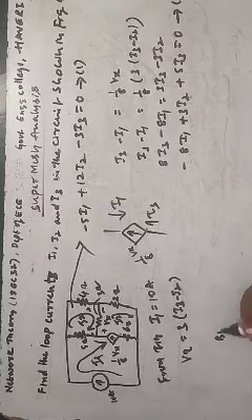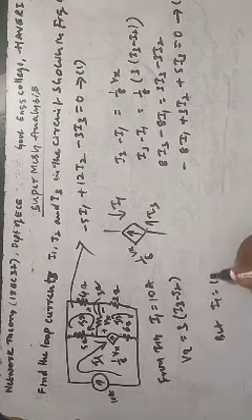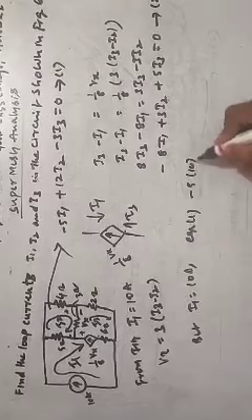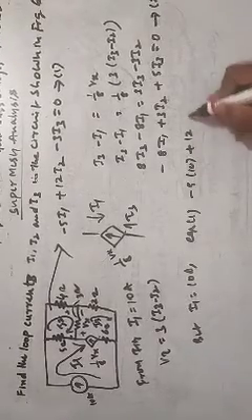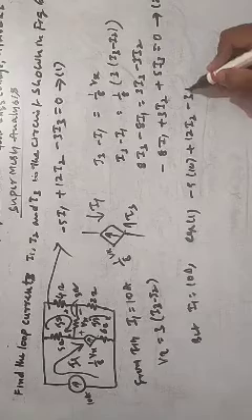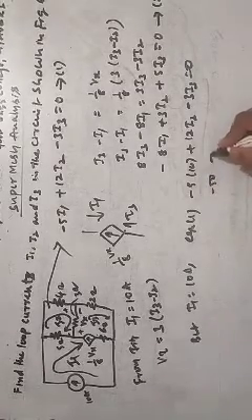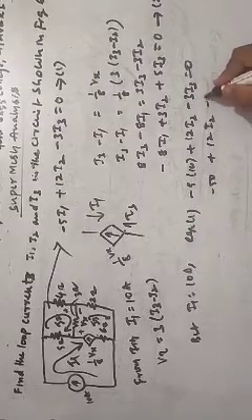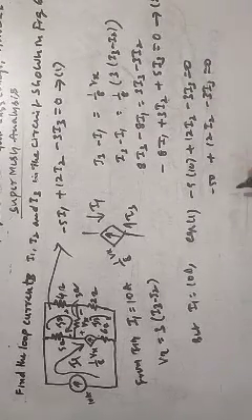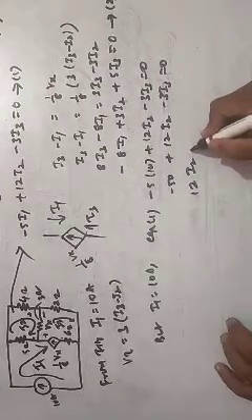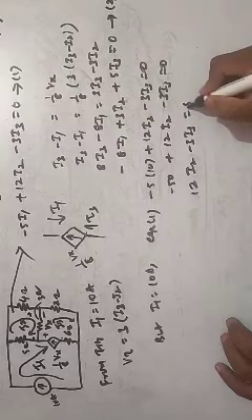We know that I1 is equal to 10 ampere. So equation 1 becomes minus 5 into 10 plus 12 into I2 minus 3 into I3 is equal to 0. It becomes minus 50 plus 12 I2 minus 3 I3 is equal to 0, so 12 I2 minus 3 I3 is equal to 50.